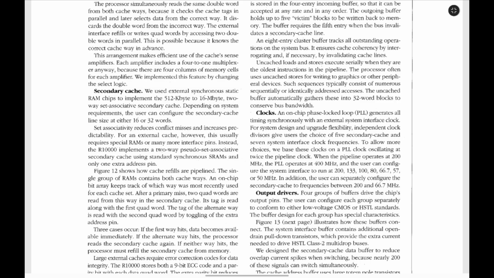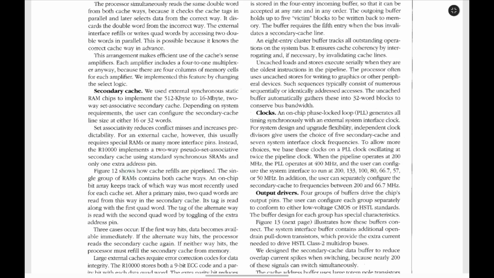Set associativity reduces conflict misses and increases the predictability of an external cache. However, this usually requires special RAMs and many more interface pins. Instead, the R10000 implements a two-way pseudo-set associative secondary cache using standard synchronous RAMs and only one extra address pin.